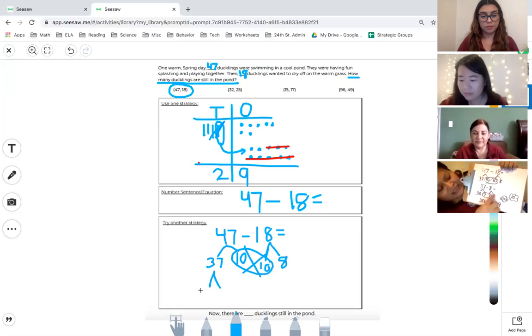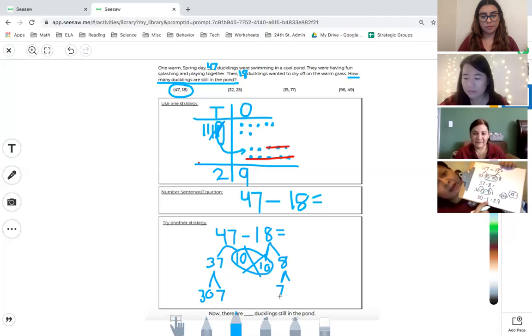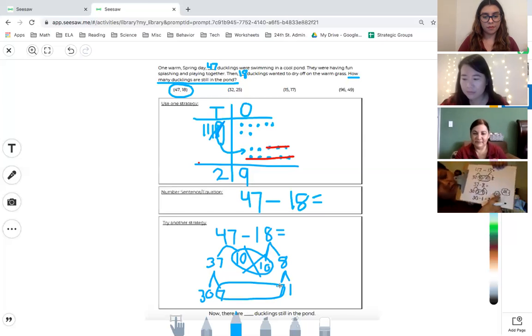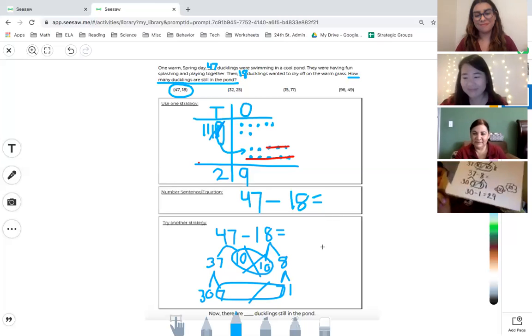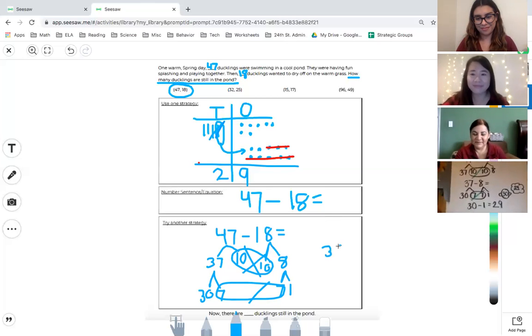And then I decomposed that 8 to make it match, 7 and 1. And then again, 7 minus 7 is 0. So I'm left now with 30 and 1, 30 minus 1. And I showed you a cloud right here showing you that I counted back. So now I have 29.